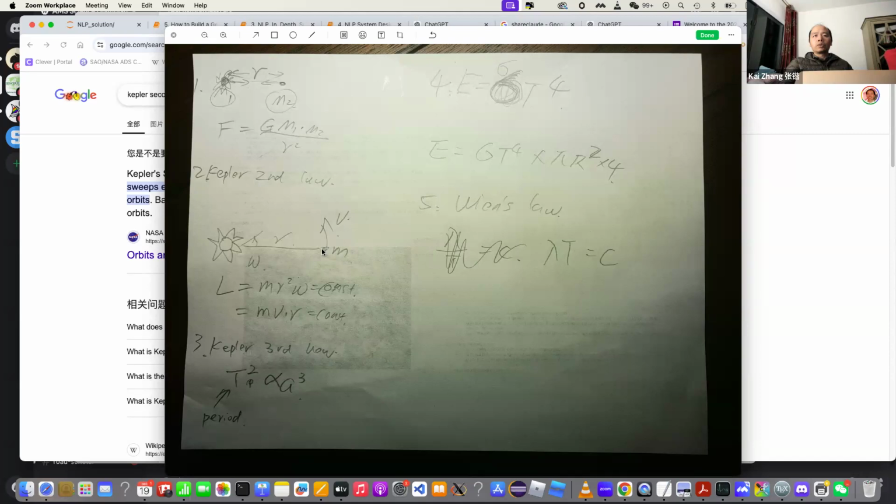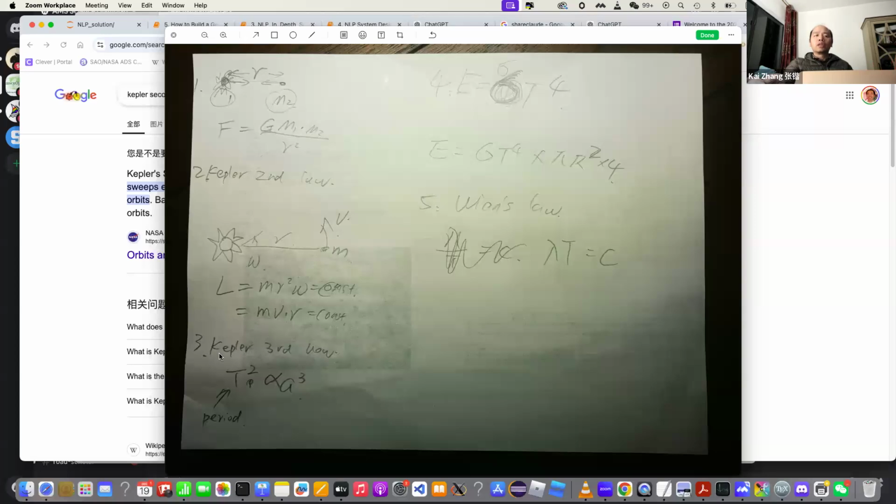Let's assume that when you move to half of the current distance to the sun, your speed would be twice as big. That is the thing here.